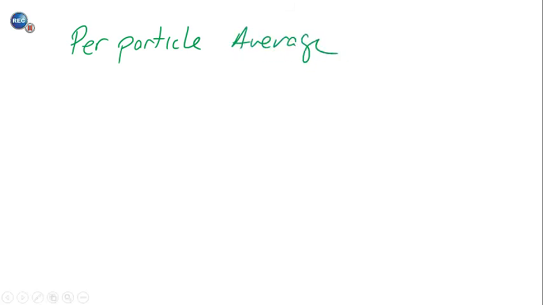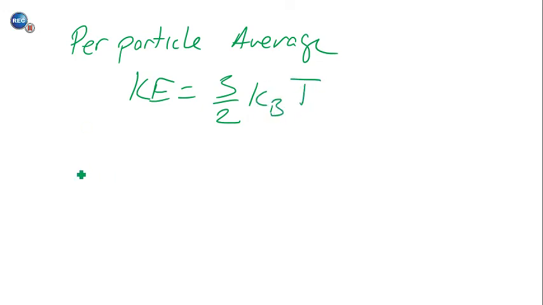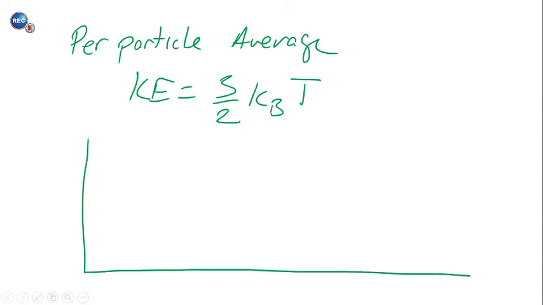A per particle average kinetic energy is 3/2 Boltzmann's constant times the temperature. Now, what's going on here is we say that there's an average here because you can make this chart that is the frequency, the number of particles you see with a particular velocity.